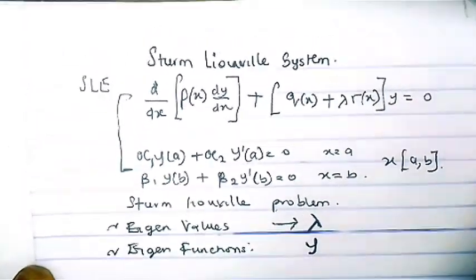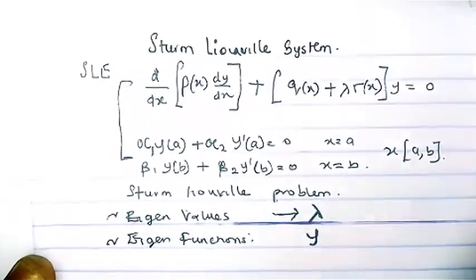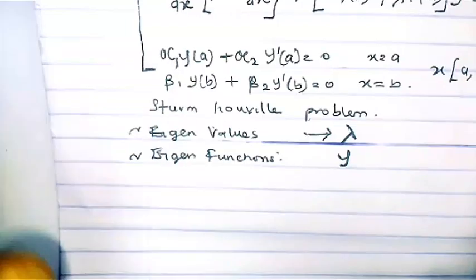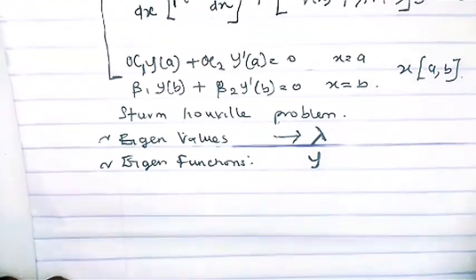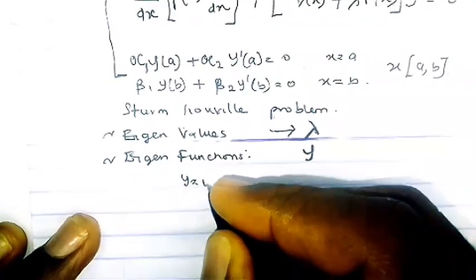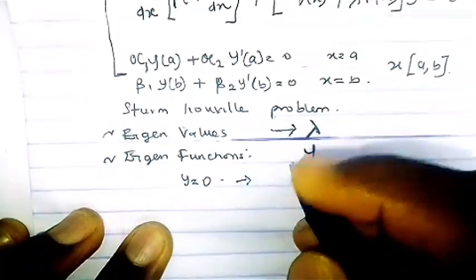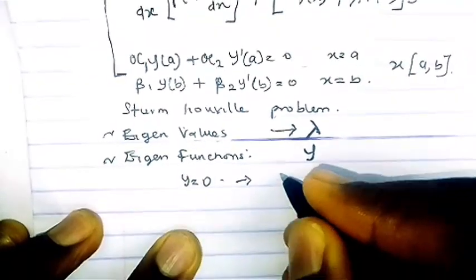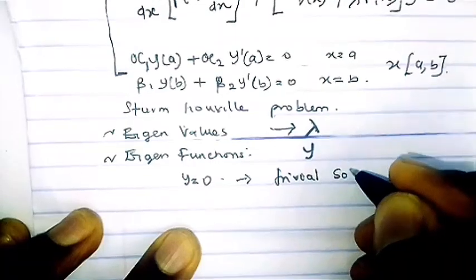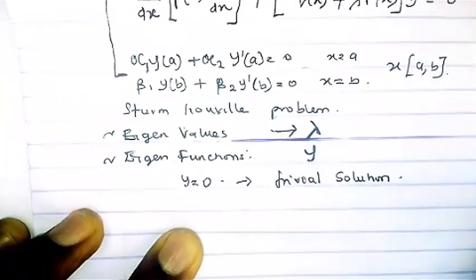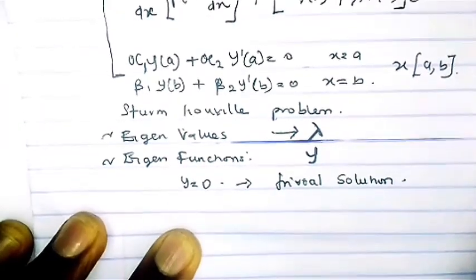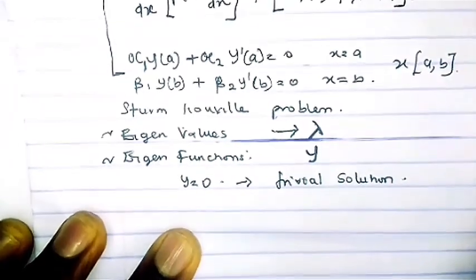Right, so if you finish solving a Sturm-Liouville problem and you have that your eigenfunction, which is y, is equal to 0, this function is called a trivial solution. Now, when you solve your second order equation, it usually gives us a quadratic equation.